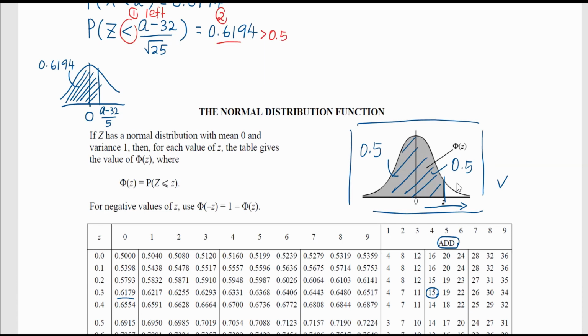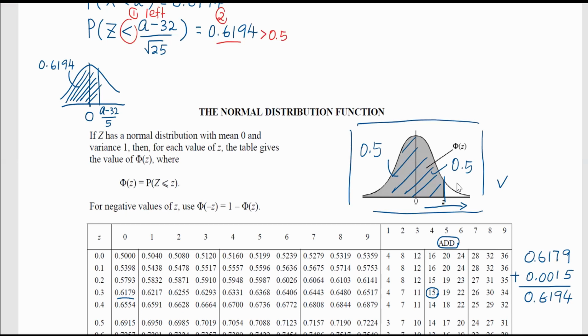And always remember, the number in the last column will always be the last digit. So in this case, the 15 will be the last 2 digits, which means 0.6179 plus 0.0015. And you can see this is going to give you 0.6194.